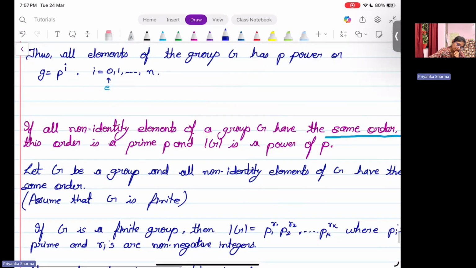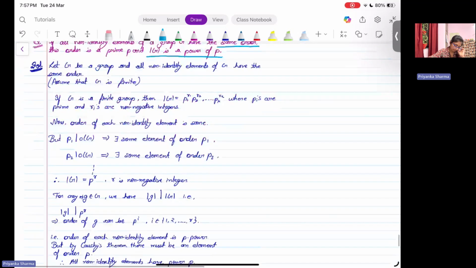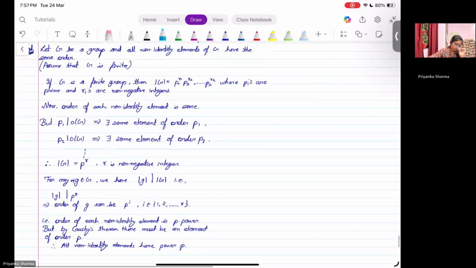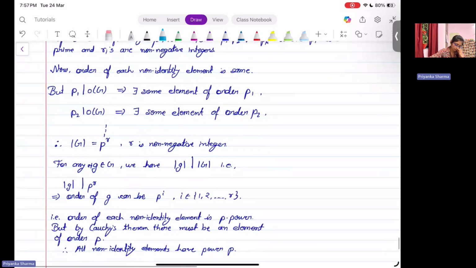Okay, and we have also checked that the order of G is P to the power R, that is, the order of G is a power of P. Okay, so yeah, we can do this question using Cauchy's theorem.